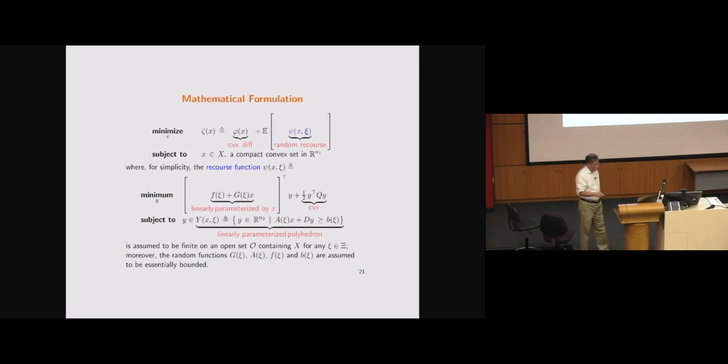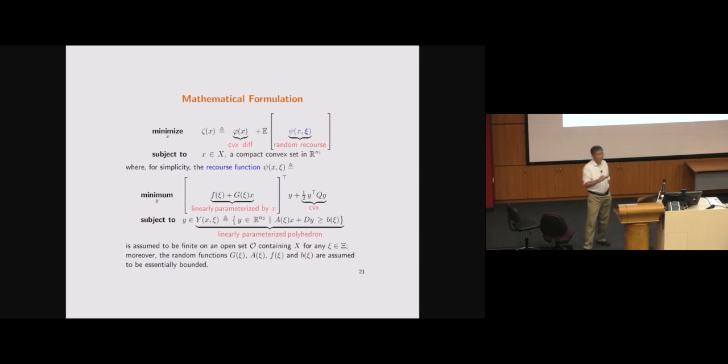So this function as a function in X is not going to be convex because you have X here and X there. But I'm sure many of you will know that this function is piecewise linear quadratic. Given the random vector here, this value function is a piecewise linear quadratic function on the domain where it is finite.